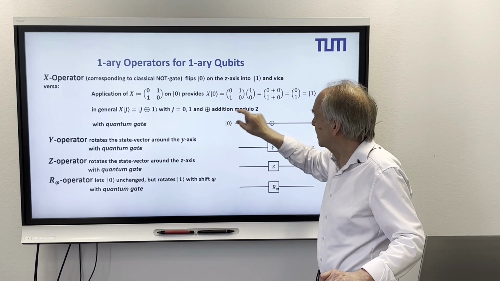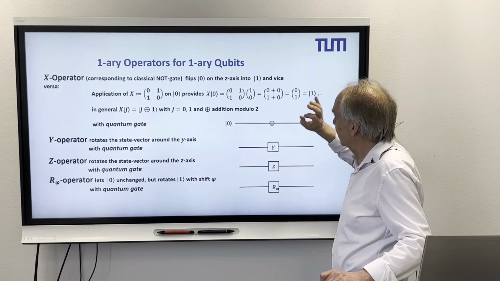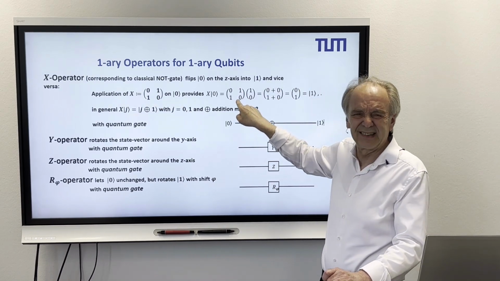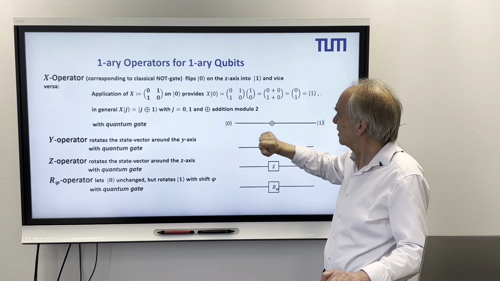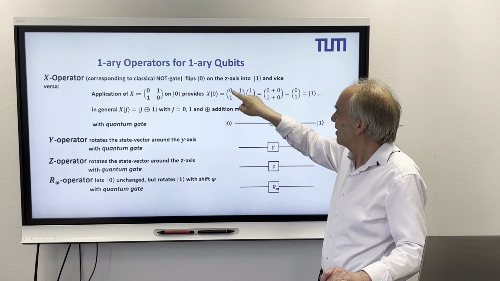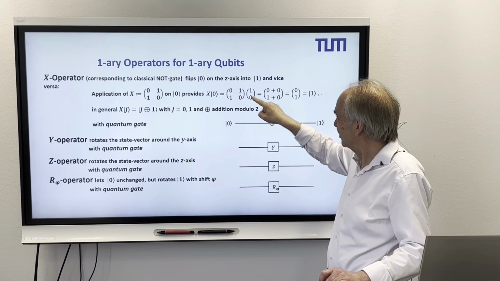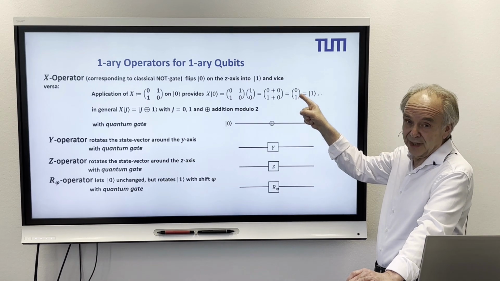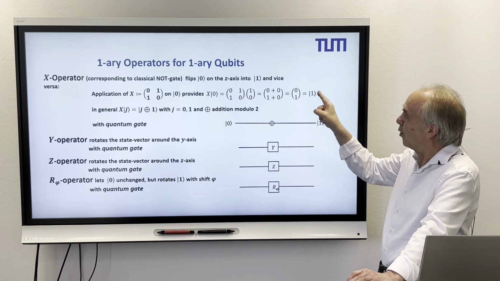So the quantum bit is represented by two-dimensional column vectors. And this is our representation of the operator, and that is simple school math. You have to multiply the matrix with this vector. Perhaps you remember that it is done by multiplying and adding line with column. Then you get these values, and in the end, the two-dimensional representation of the quantum bit with the value 1.